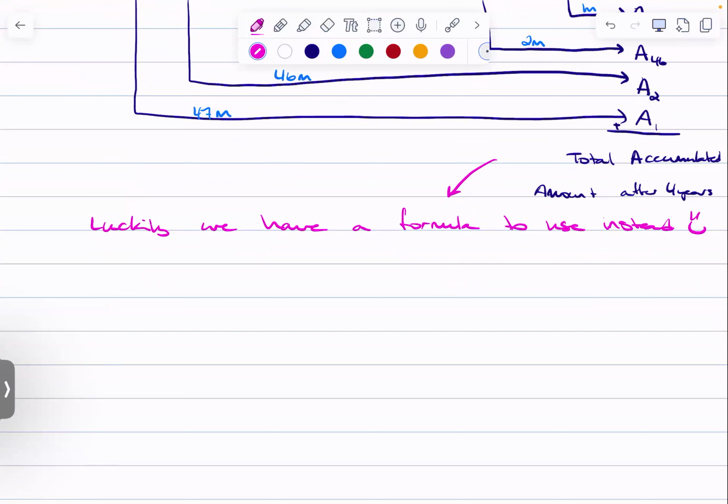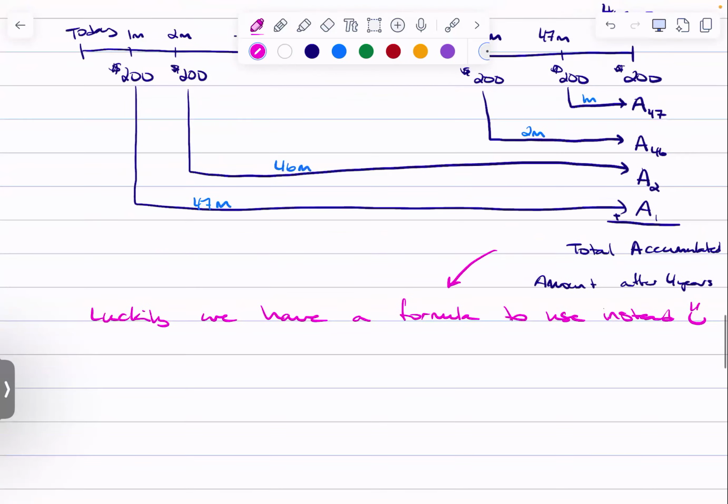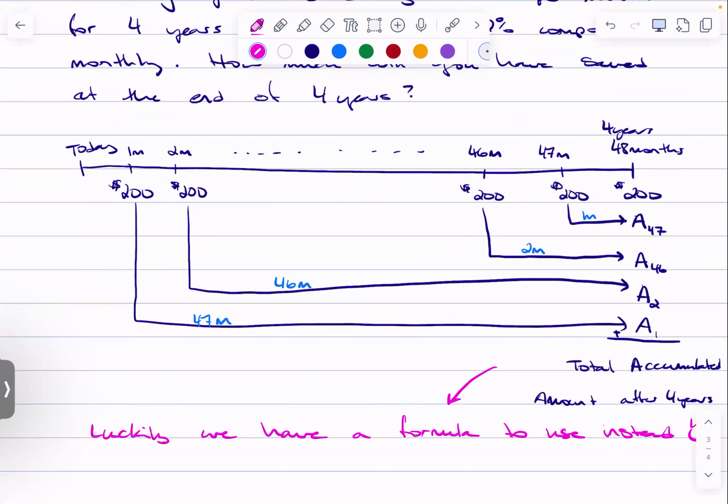You'll find the same answer. But for longer payment plans like cars, usually cars you take what, 4 years to pay off? Usually houses you take 25 years to pay off. And so you don't want to be making a time diagram like this for 25 years with monthly payments. Ugh, no thanks.